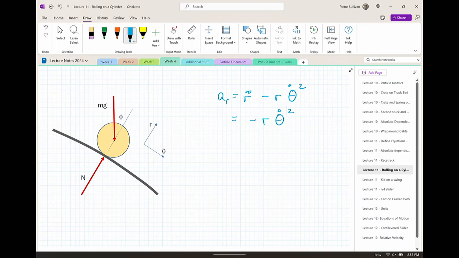So a_r is equal to minus r theta dot squared. Same thing with the acceleration in theta. So you're dealing with a subcategory of a standard problem, which is that r is not changing. So I've got weight, I've got r and theta defined here, and I have the acceleration terms.